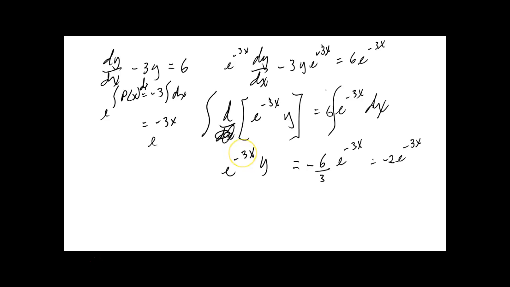So here's what we got. Now what we want to do is, again, multiply both sides by e to the plus 3x, right? Or you could divide by e to the minus 3x if you prefer doing that.